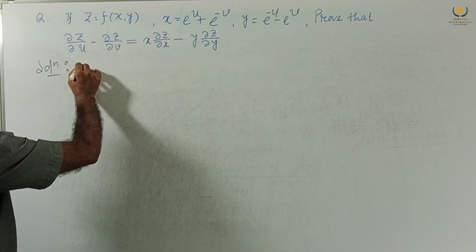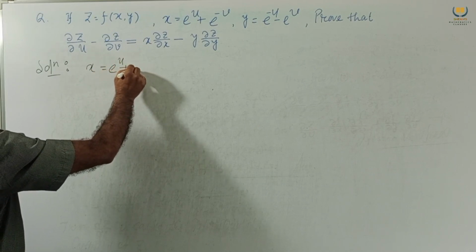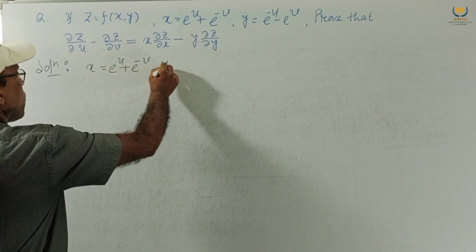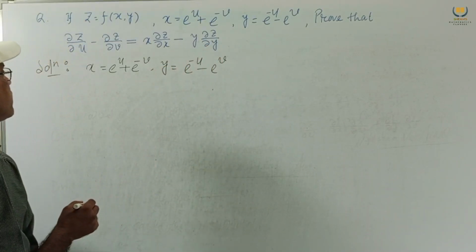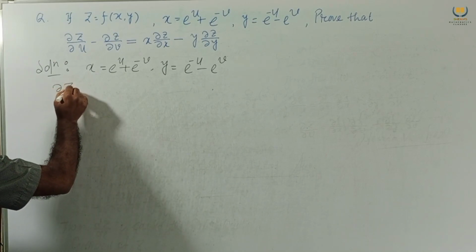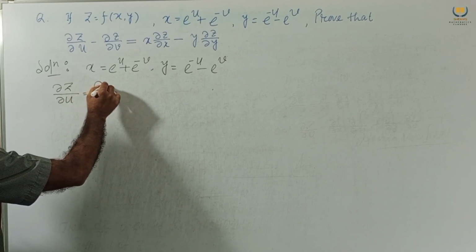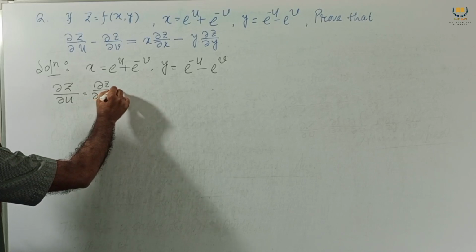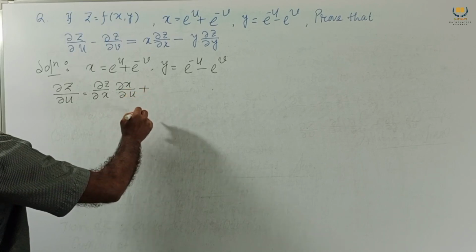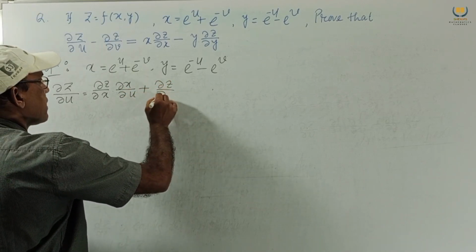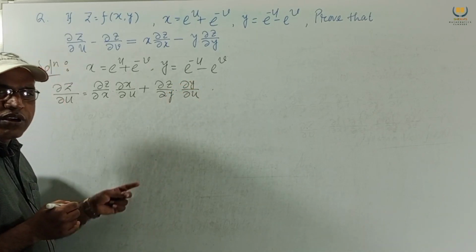So x equal to, given, e to the power u plus e to the power minus v, and y equal to, given, e to the power minus u minus e to the power v. First we find del z del u, del z del x del x del u plus del z del y del y del u, by using formula number 3.